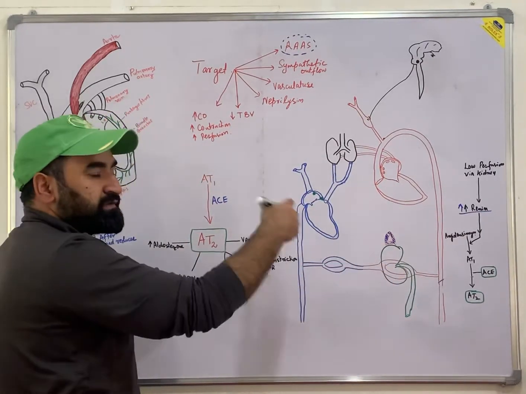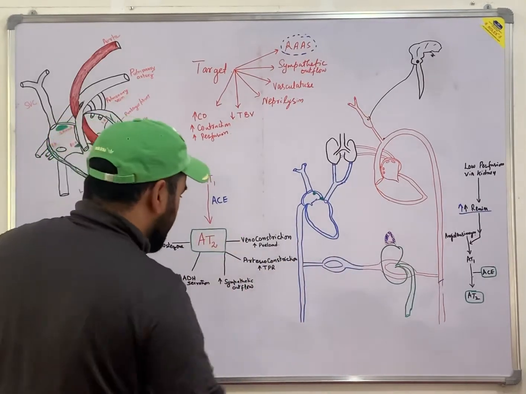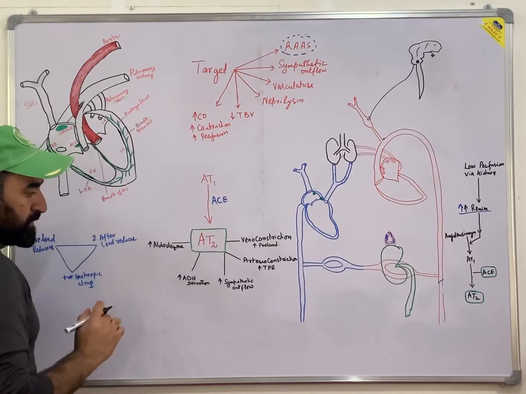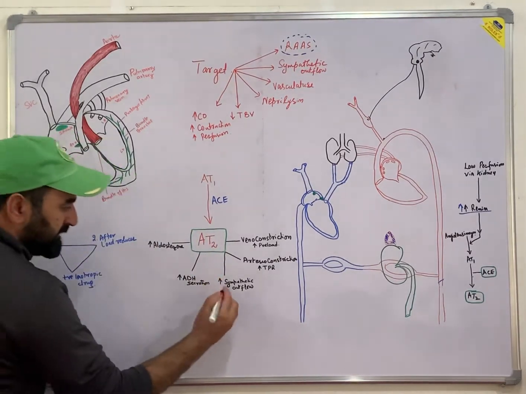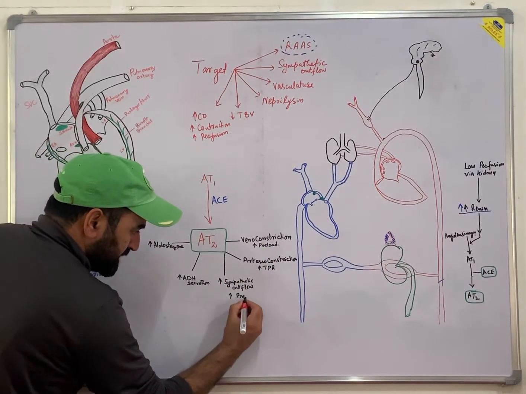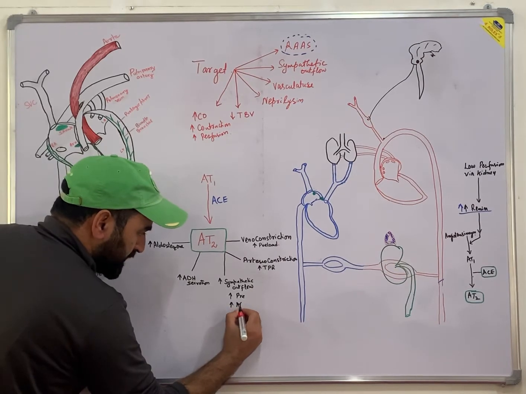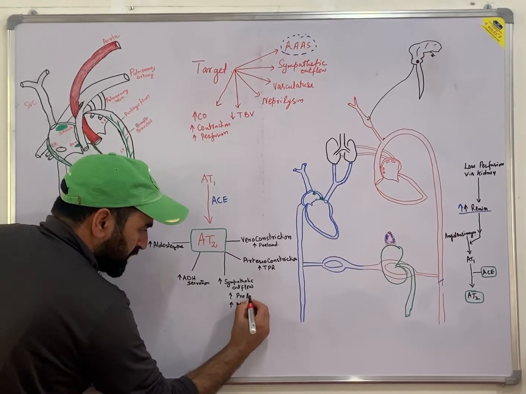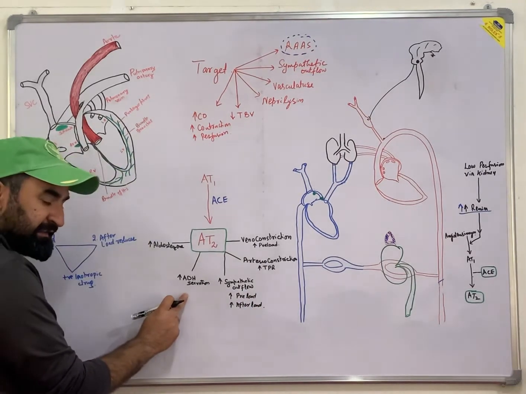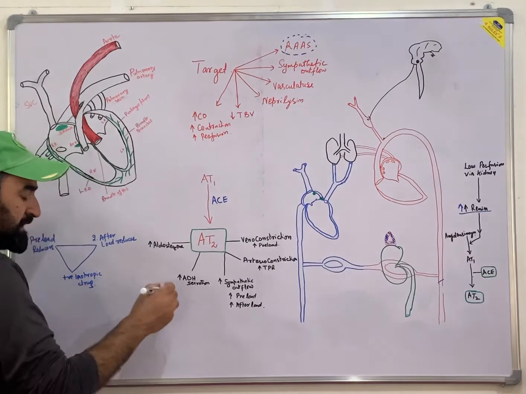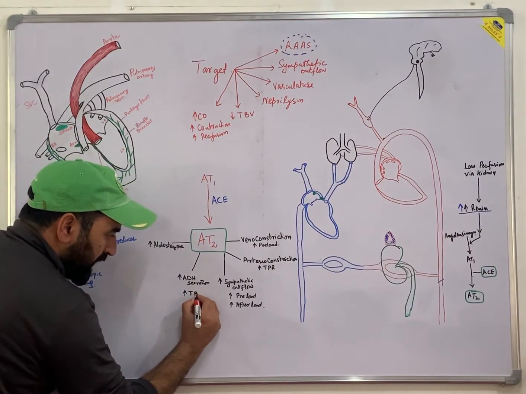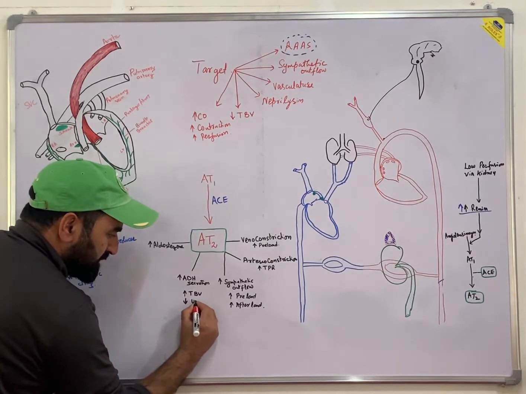Through that pathway also it increases the renin, and anyhow they increase the AT2. Now, if sympathetic outflow is increased, there is increase in the preload. There is increase in the afterload. Okay. Now, if there is increase in the ADH secretion from the posterior pituitary, then what will happen? There is increase in the total blood volume. How? Because there is decrease in the urine output.